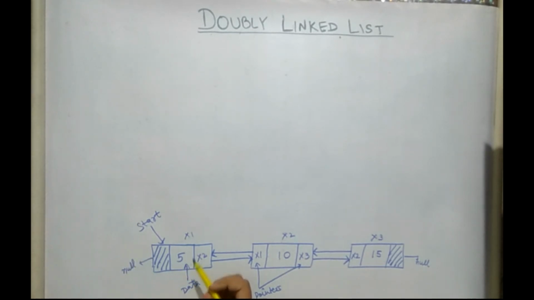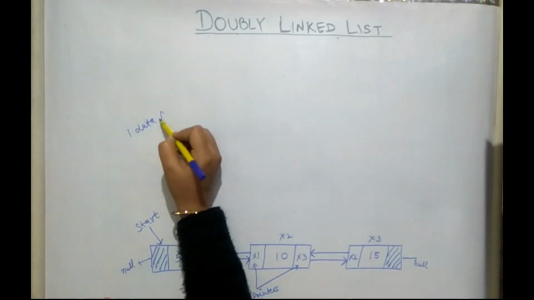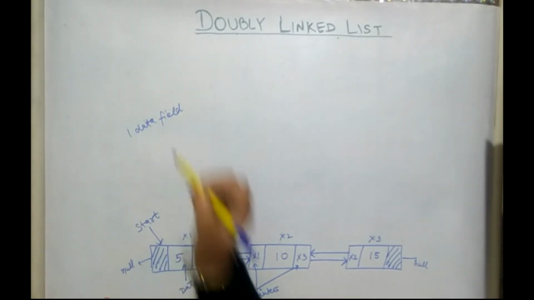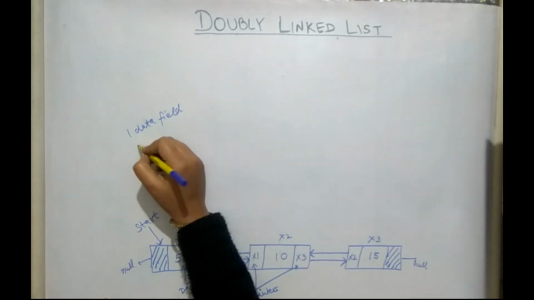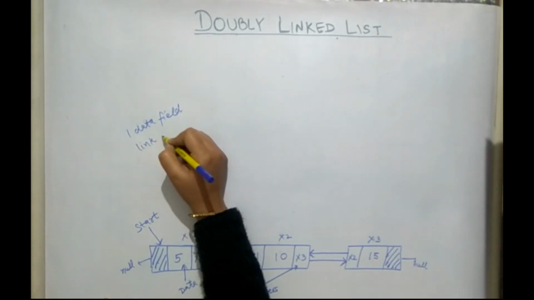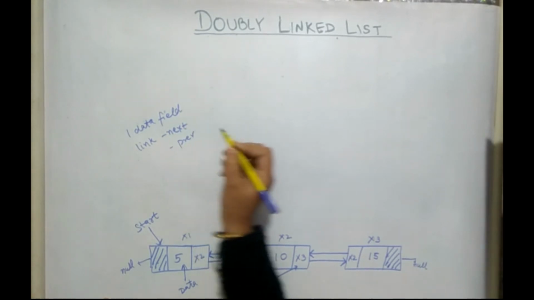In a doubly linked list we have one data field, two pointers, one link to the previous node and one link to the next node, right?